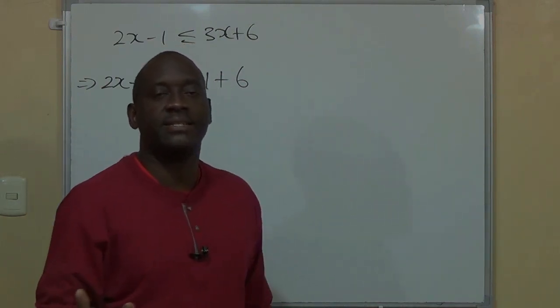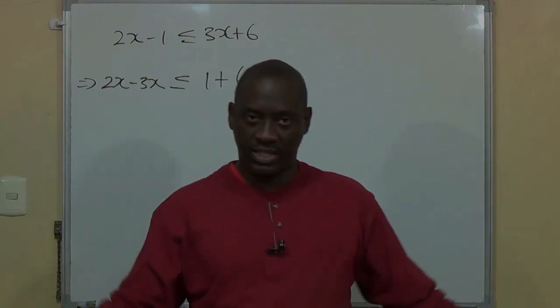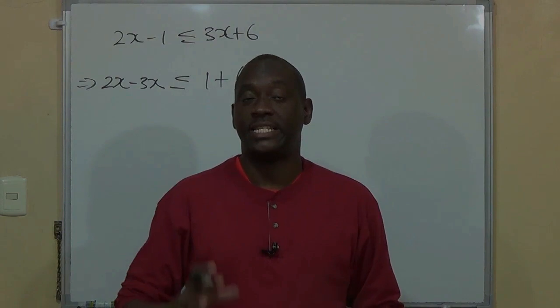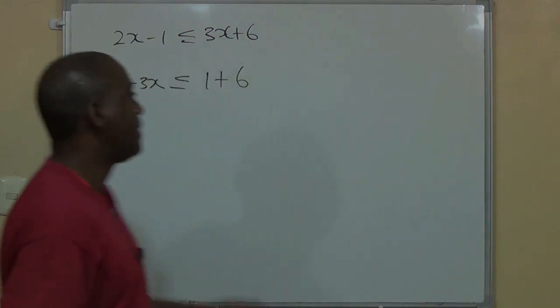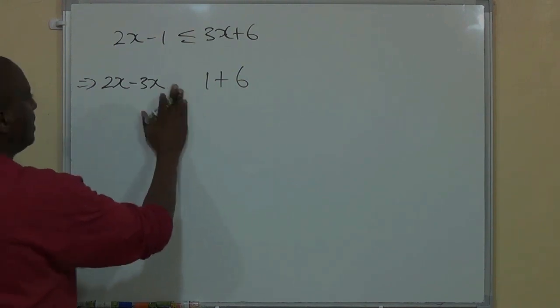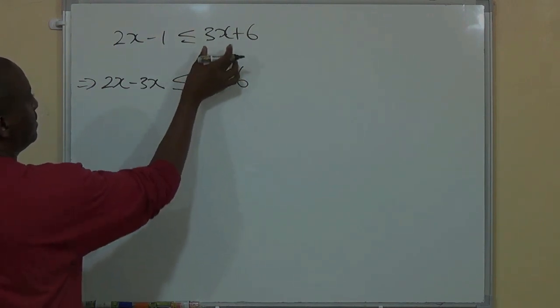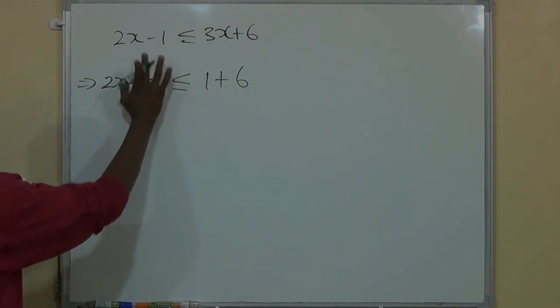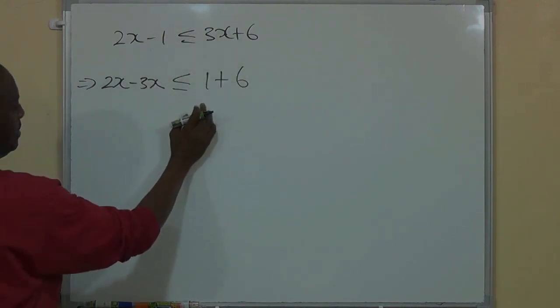The basic idea is that once you cross the equal sign, or in this case the inequality, you change the operation. But that's a different discussion for another time. The bottom line, the fundamental: plus 3x, you cross and I get minus 3x. Minus 1, you cross and I get plus 1.